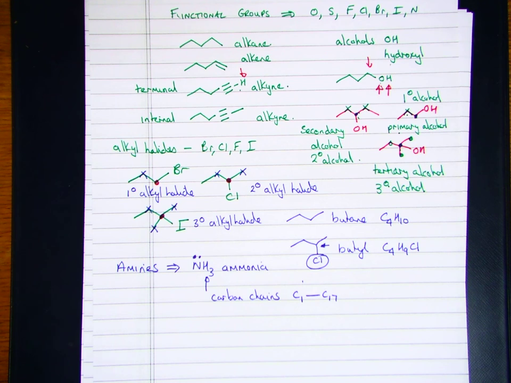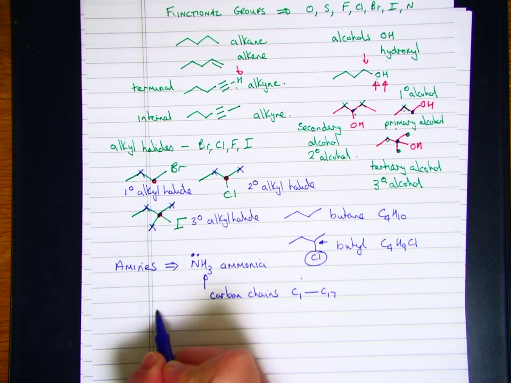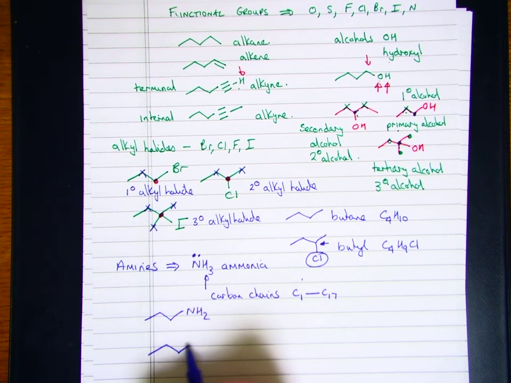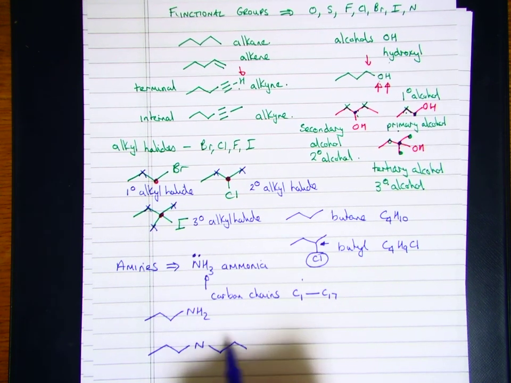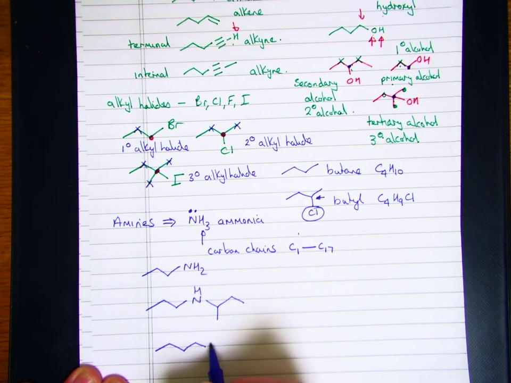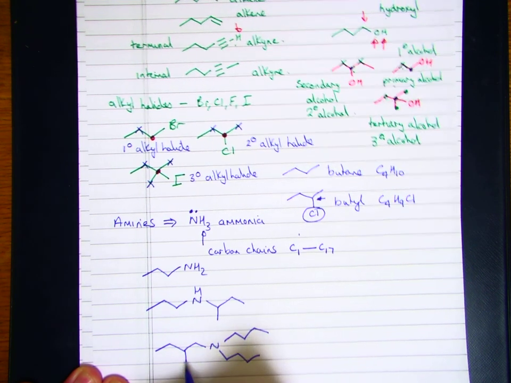They can be from carbon 1 through to carbon, say, 17, whatever you want. So if we look at this, carbon chain, NH2, carbon chain, NH, and then finally, carbon chain, carbon chain, carbon chain.